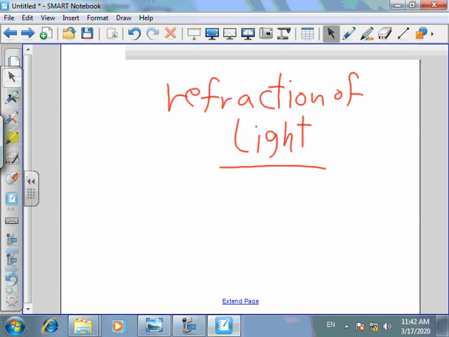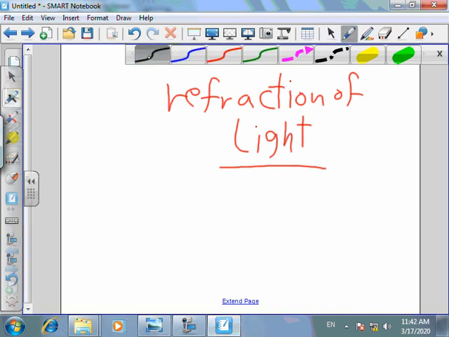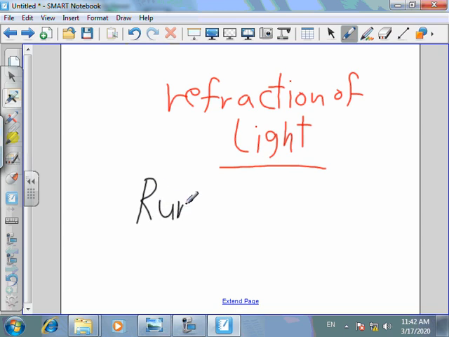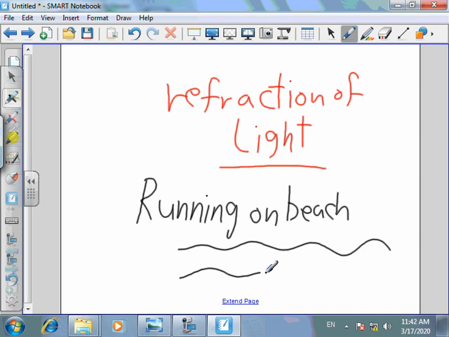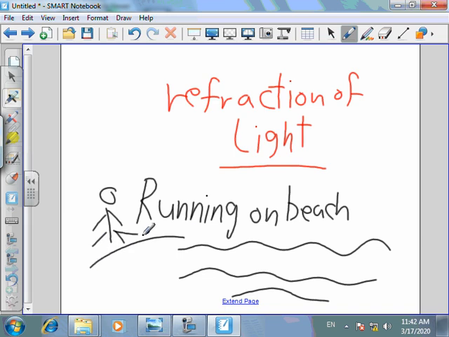You are running on the beach, and suddenly you move towards the water. So you are running on the beach, then you change your direction and go to the water.